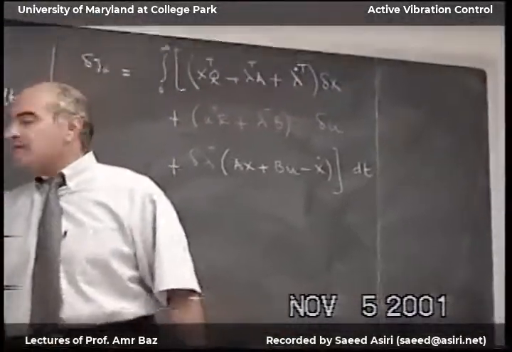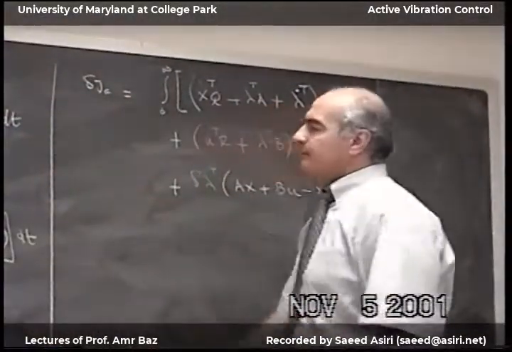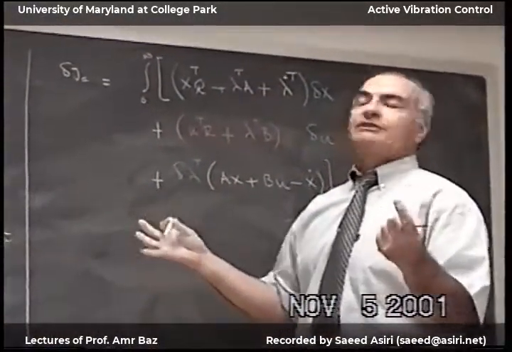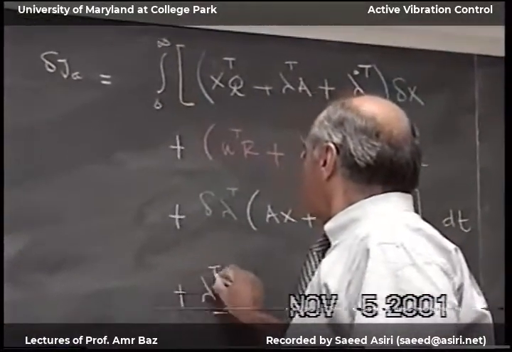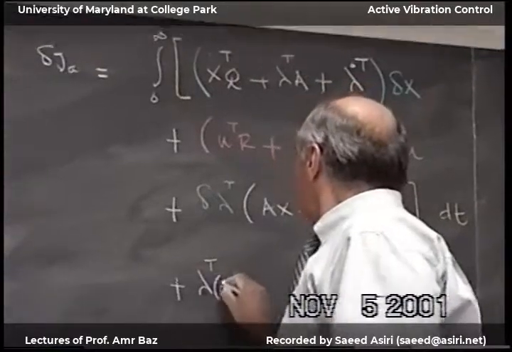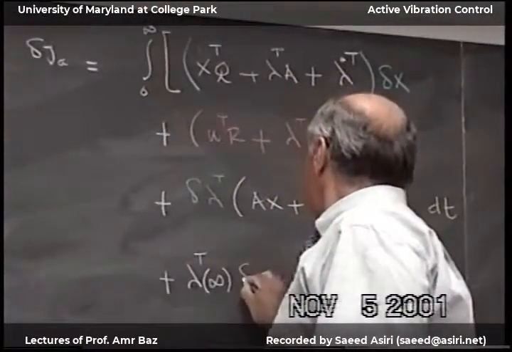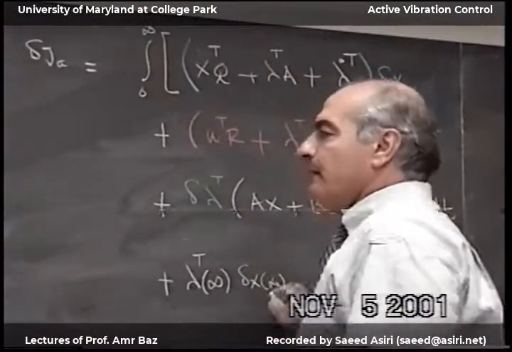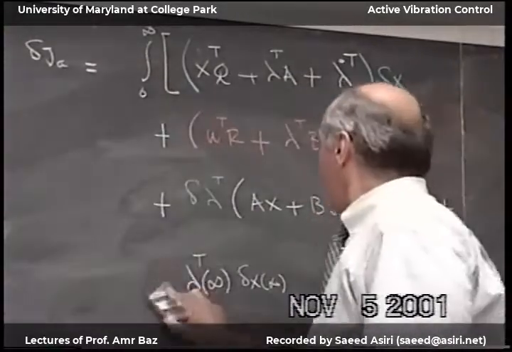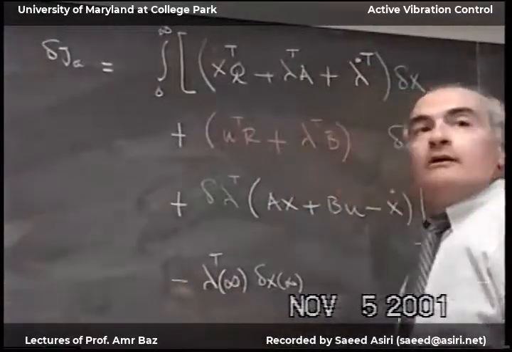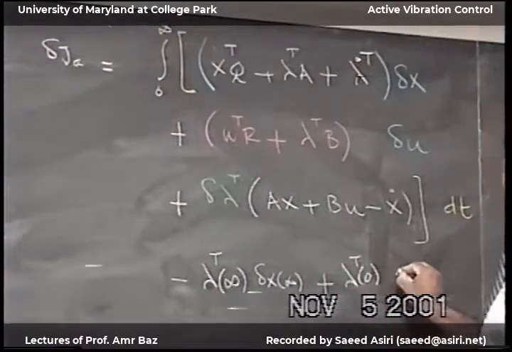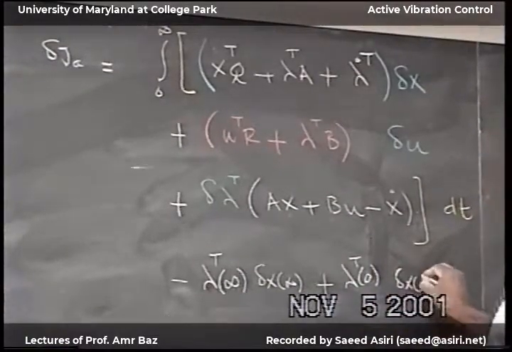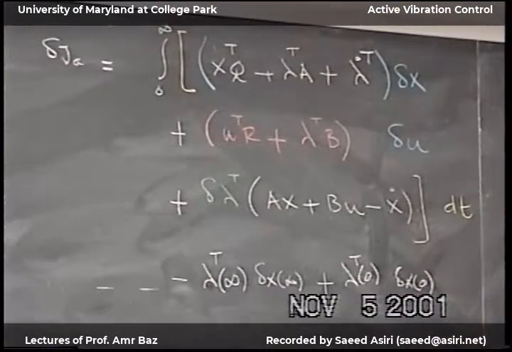This is the only term that's left. And this term now is outside the integral, and it is equal to lambda transpose at infinity del X at infinity, minus, okay, and then plus lambda transpose at 0 del X at 0.